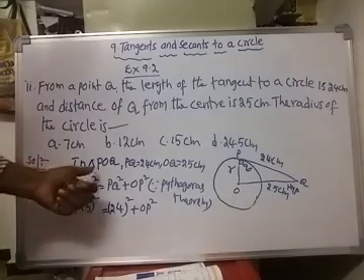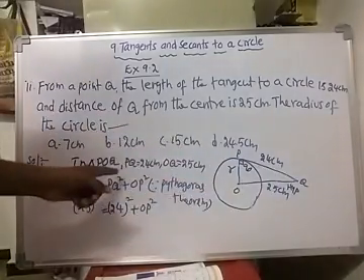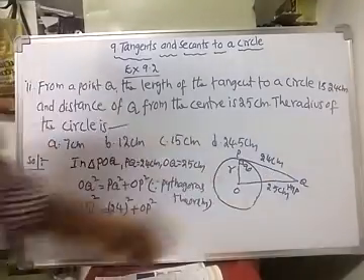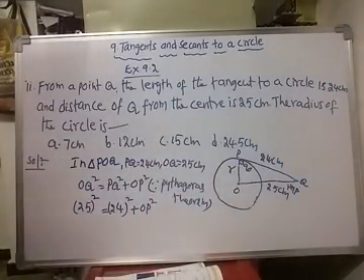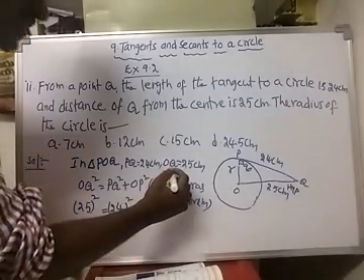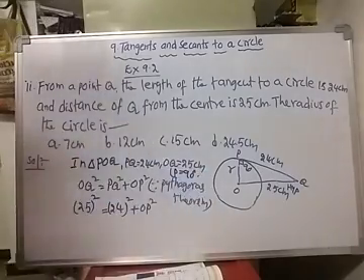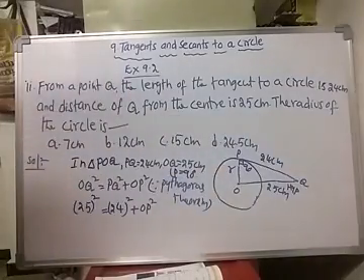In triangle POQ, PQ equals 24 centimeters, OQ equals 25 centimeters, and angle P equals 90 degrees, that means angle OPQ is 90 degrees.